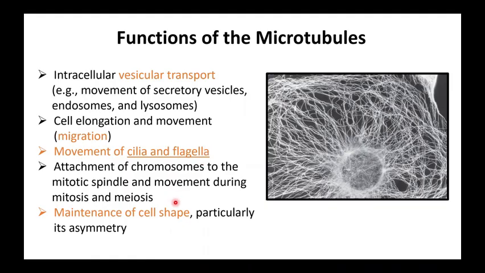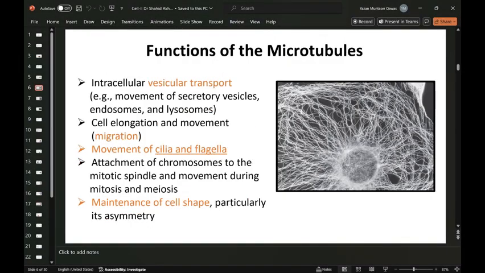They also help in movement of the chromosomes. Okay? As if the chromosomes crawl along or are pulled along with the help of microtubule. If you block the formation of the microtubule, would there be any cell division? Why not?